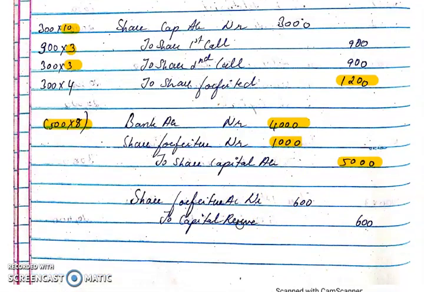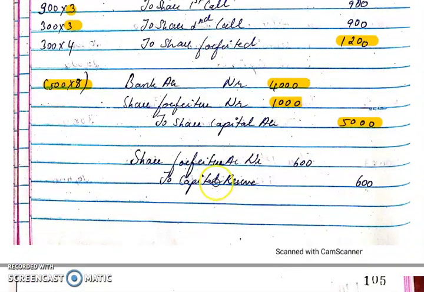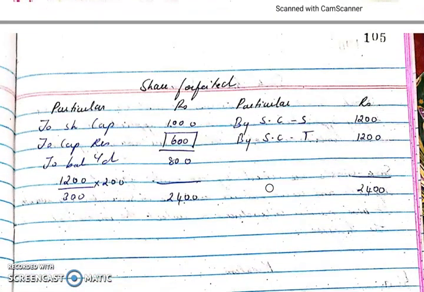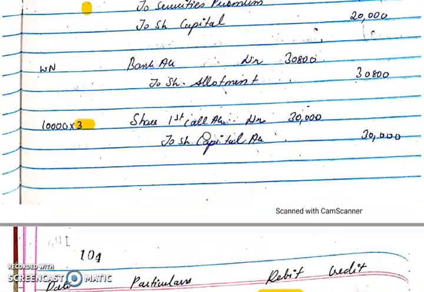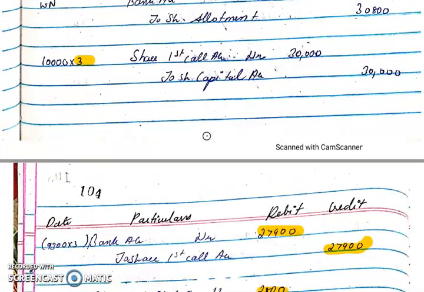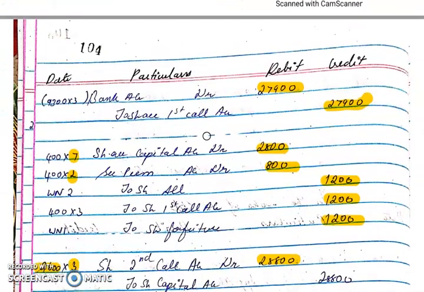Okay. To find out the balance transferred to capital reserve, I have opened the share forfeiture account, so it will be easy for you to calculate. This is for the first forfeiture, and this is for the second forfeiture, that is 1,200 and 1,200. Share capital is nothing but this 1,000 rupees on which we have made a default.